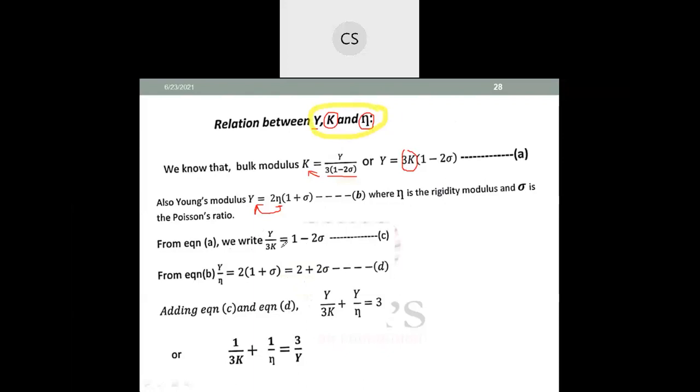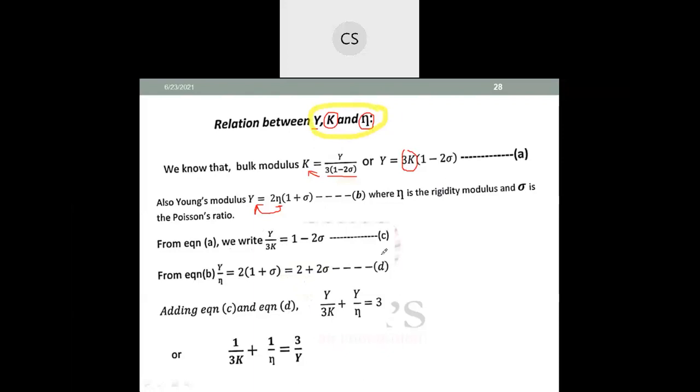You can see two expressions. In both, Y is there, and sigma, which is not required. We want an expression involving Y, K and eta. With two expressions and three terms, we need to eliminate sigma.